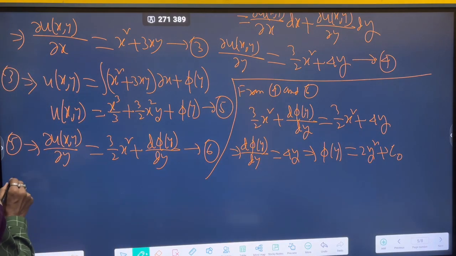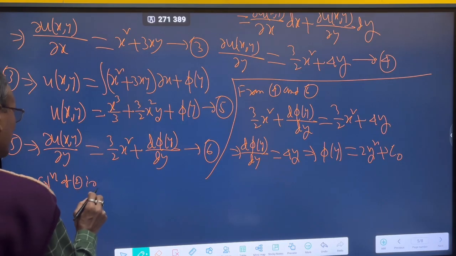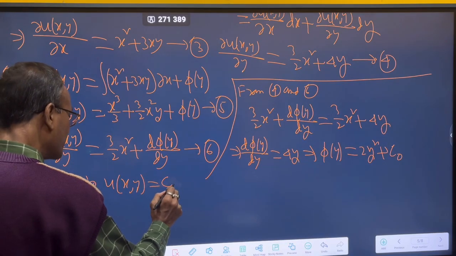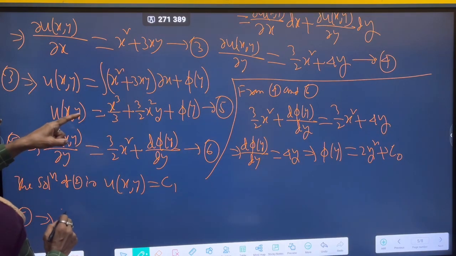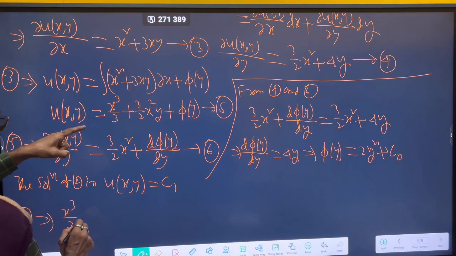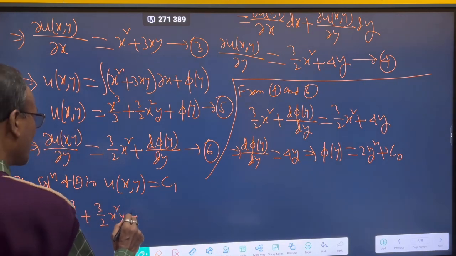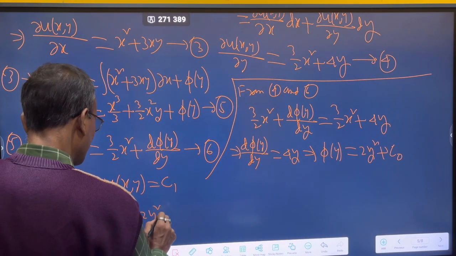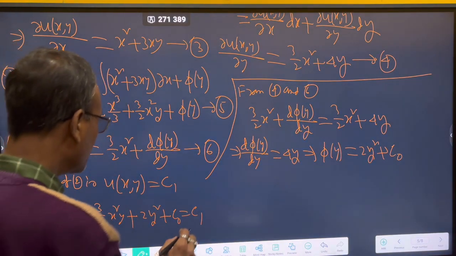The solution of the differential equation is u x y equal to constant. Therefore, from 5, the solution is x cubed by 3 plus 3 by 2 x square y plus phi y, which means twice y square plus c naught, equal to c1.